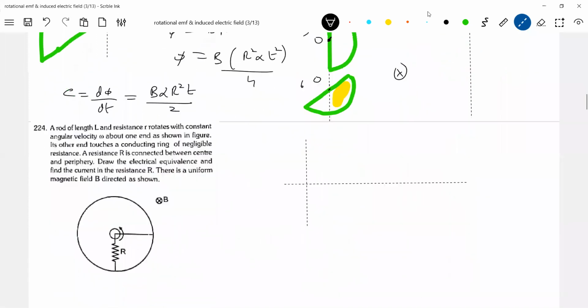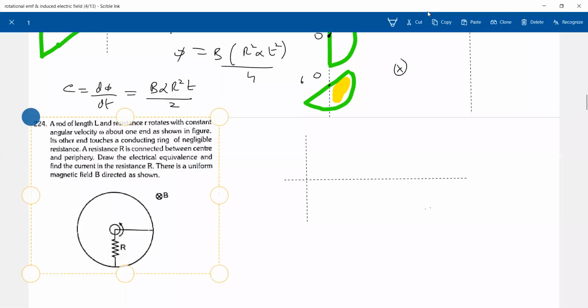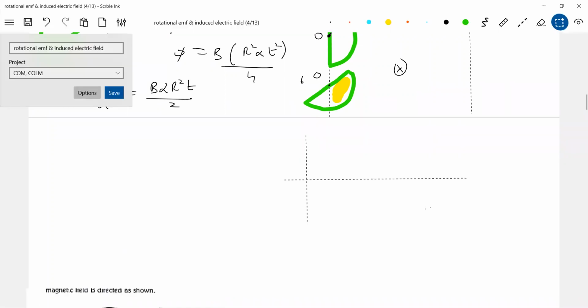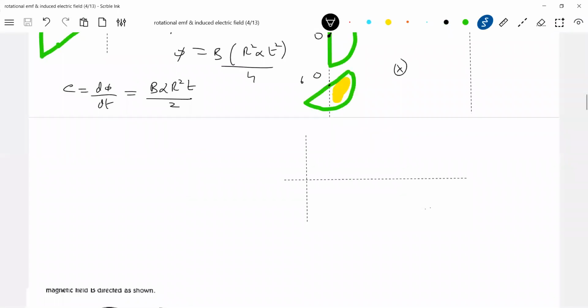I'll proceed first with the mathematics. Area of the sector A equal to r square theta by 2. Then the flux linking the loop is equal to B into A, B r square theta by 2.